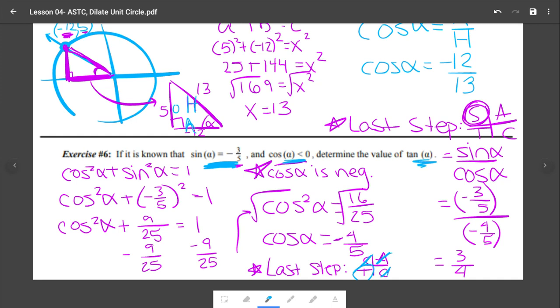So our answer for tangent came out positive because we had the correct signs for sine and cosine when we divided. So that's good. If it came out negative because you forgot the negative with the cosine, then at this point you would be taking the negative off. If I'm in the third quadrant, tangent has to be positive, so you should get 3/4.